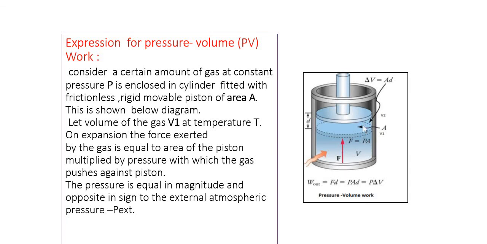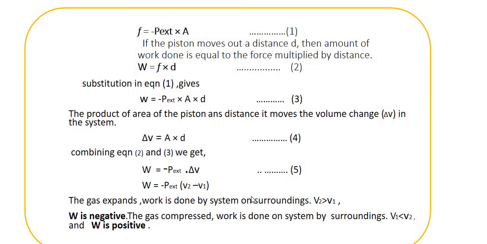Again it pushes the piston, which has external pressure from below and externally applied pressure from above. So the pressure is equal in magnitude and opposite in sign to the external pressure, that is minus P external. So we can write the equation F is equal to minus P external into A. This is equation 1.